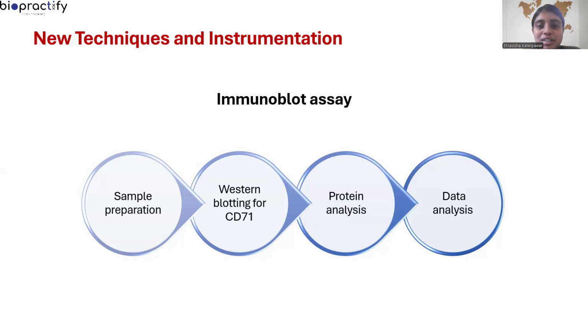After incubation, the film is washed, and after that we incubate it with the primary CD71 antibody. After incubation with the primary antibody, we wash it again. Then we couple it with the secondary anti-CD71 antibody. After this, we perform the protein analysis and then ultimately data analysis.